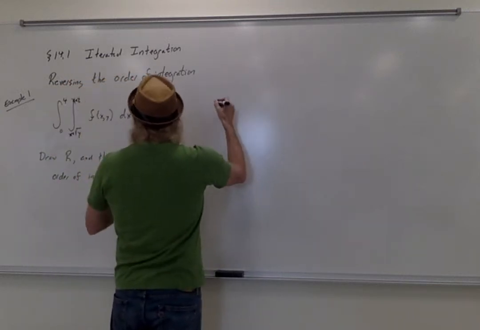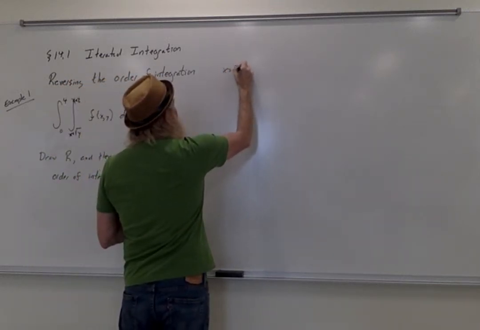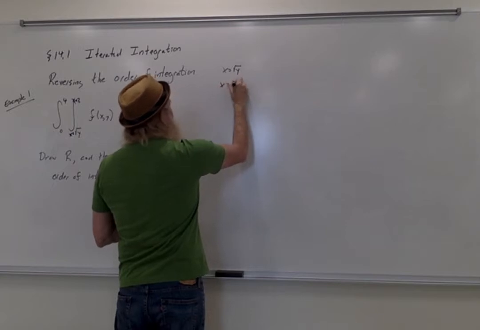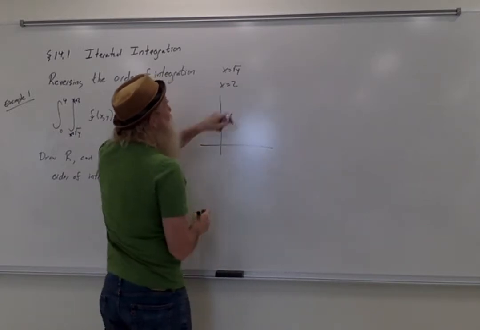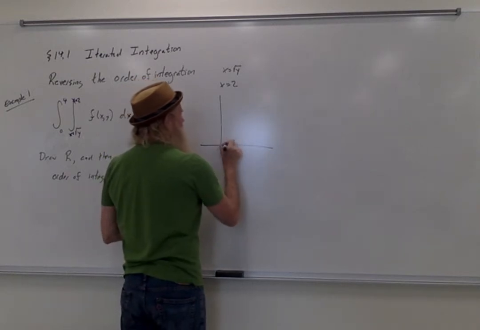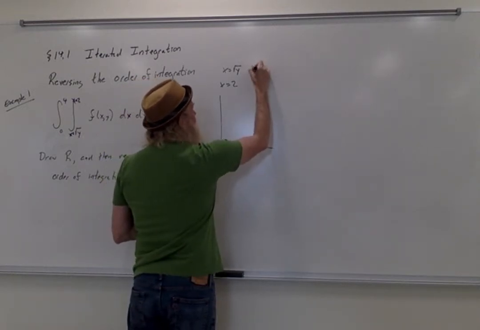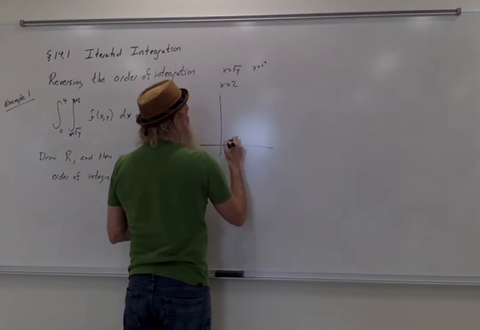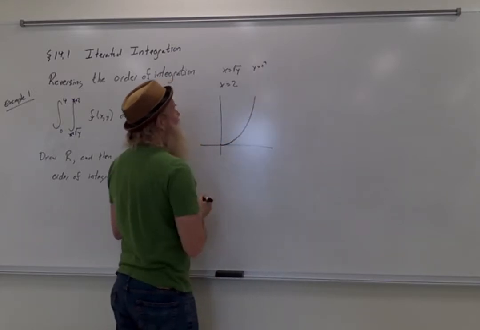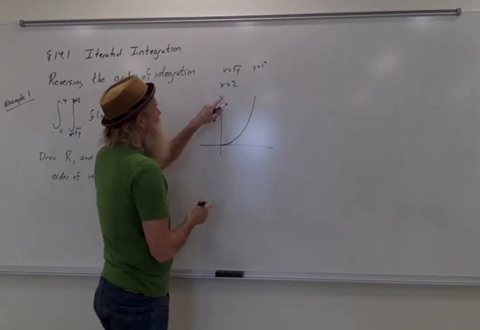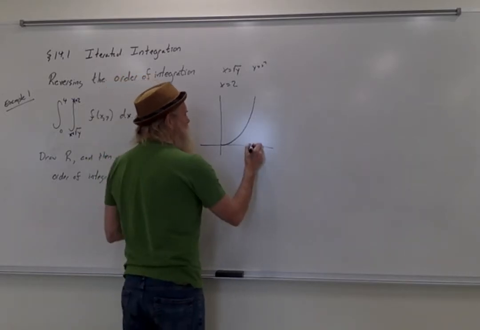So let's start off with the two curves, x equals square root of y and x equals 2. X equals square root of y is going to be at least part of y equals x squared, just the right-hand part of it. So x equals square root of y looks like that. X equals 2 is a vertical line.